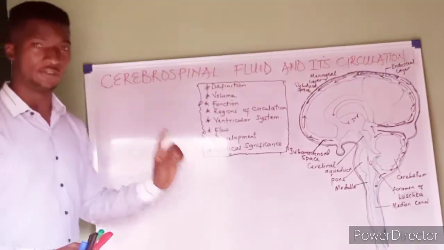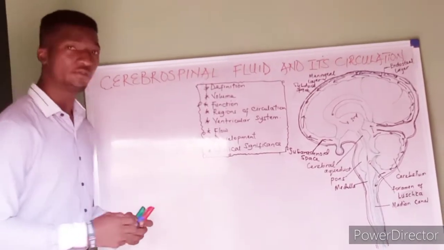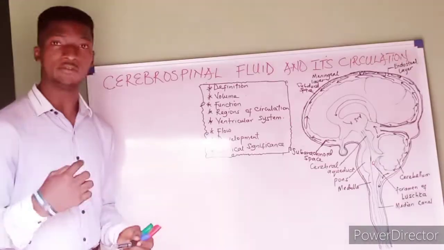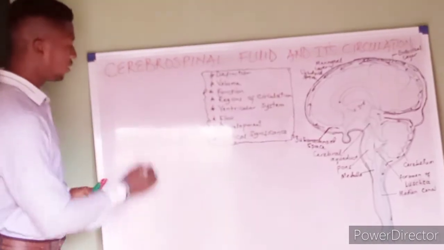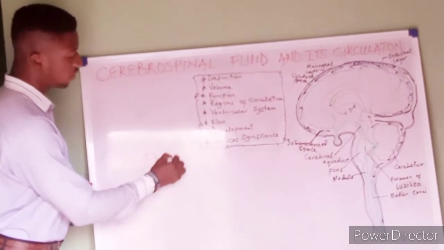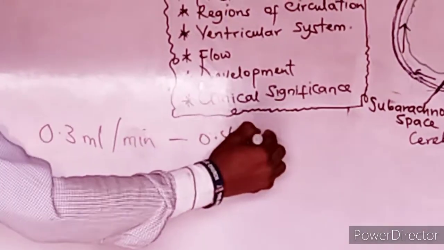But when we talk about the volume of the cerebrospinal fluid, it can be determined from the rate of flow, and the rate of flow is about 0.3 ml per minute to 0.4 ml per minute.